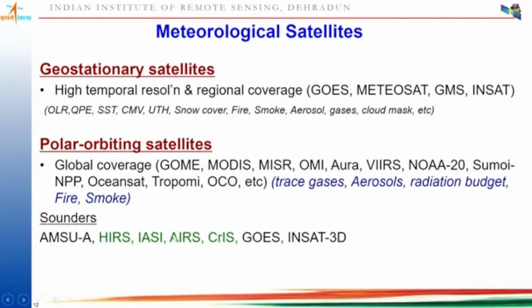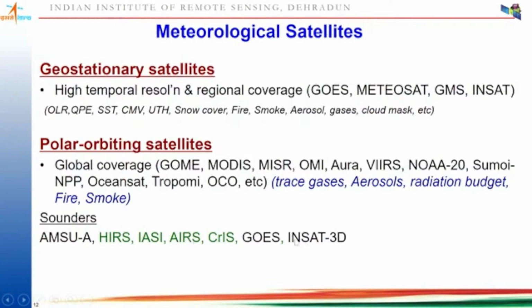So these are some of the satellites, these sensors in the different electromagnetic domains. It can be in the microwave domain, the visible domain, or the infrared domain. These are the abbreviations of some of the sounders. INSAT-3D also has a sounder. GOES also has a sounder. AIRS also has a hyperspectral sounder.